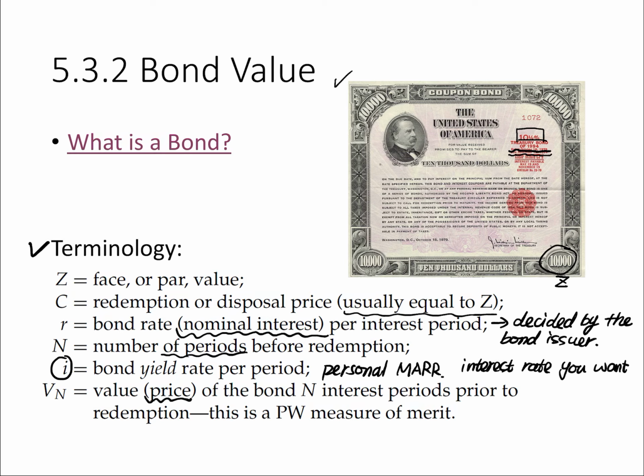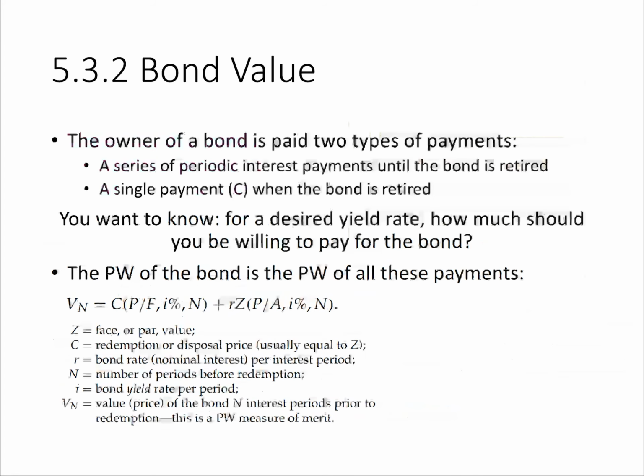But if you pay lower than that maximum price, the chance you can earn some money is high. Okay, so you always have a maximum price you can pay. And that price is called VN. So that's some terminology we use to describe the coupon, the bond value.